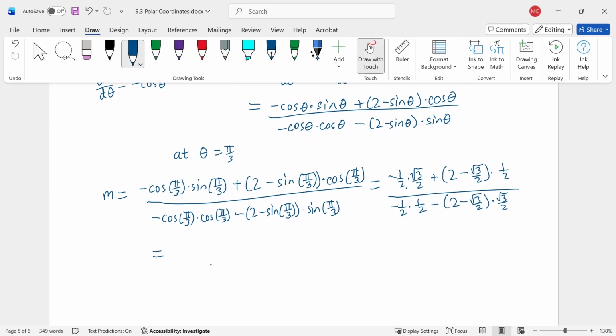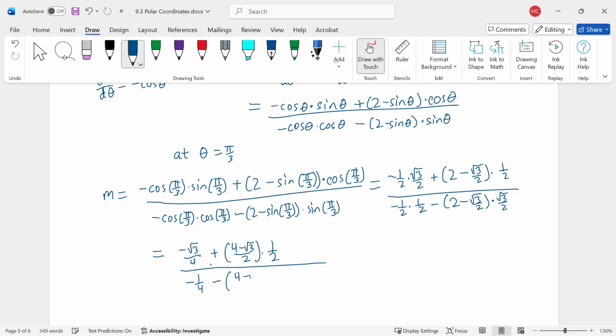Okay, up top here, we've got a negative root 3 over 4 plus, and that 2 is 4 over 2 minus root 3 over 2, so that's going to be 4 minus root 3 over 2 times 1/2. And in the bottom, we get negative 1/4 minus, and this 2 will become 4/2.